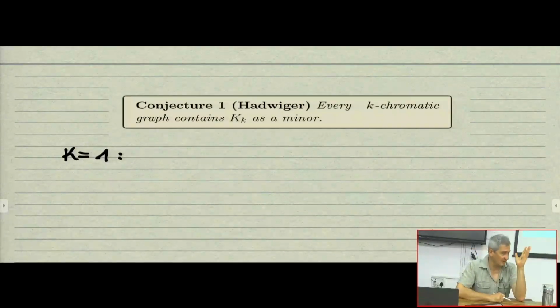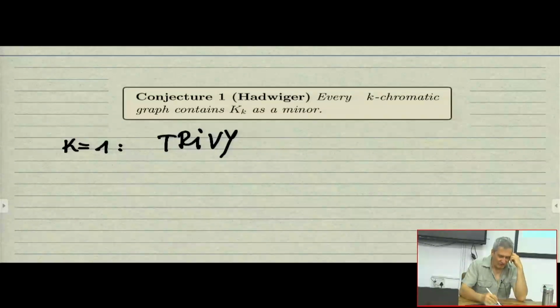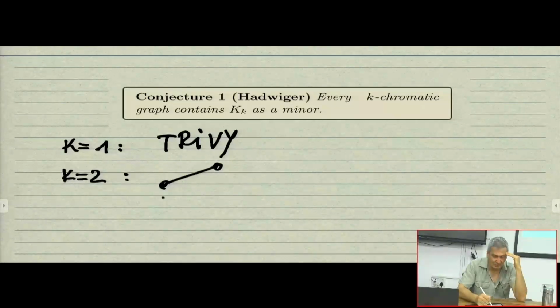This is the definition, it must be at least one, so it contains a vertex. For K2, every graph of chromatic number 2 contains K2. If the graph is 2-chromatic, at least, it is not edgeless. There you must have two adjacent vertices, and you put 1 and 2 here. So it contains K2.